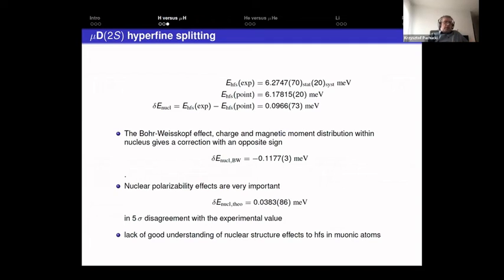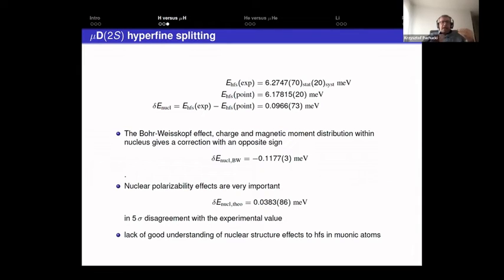We have agreement for the isotope shift between hydrogen and deuterium, but for the hyperfine splitting, we observe a disagreement. In my opinion, it is because we don't have an appropriate theory to describe the nuclear structure contribution to the hyperfine splitting.